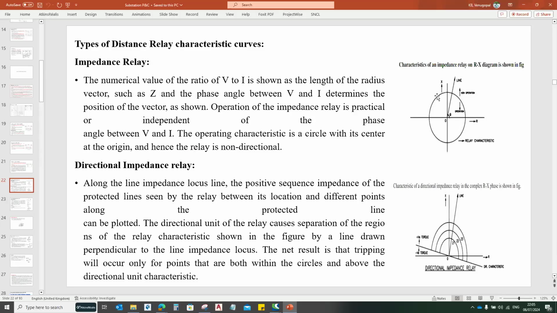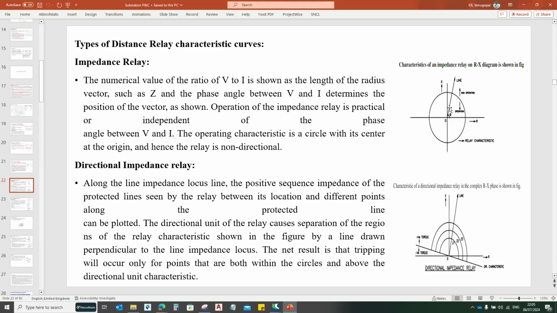Because of the circle characteristics of this relay's operating condition, even if the fault is here, it will still trip the circuit breaker, even though the fault is not on the transmission line.